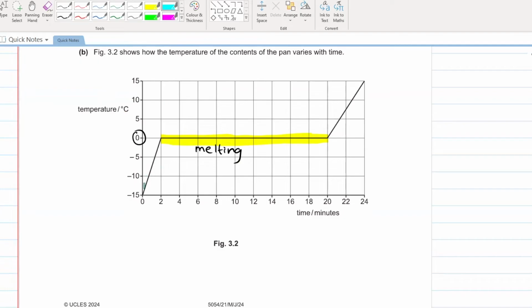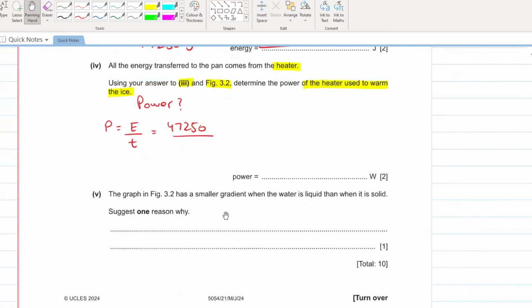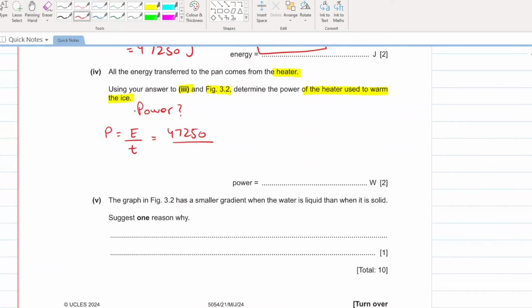If you notice, you are going from negative 15 degree centigrade to 0 degree centigrade. This is your increase in temperature. What is the time taken for this? 2 minutes. Okay, so place 2 minutes here, but make sure you convert 2 minutes into seconds. 2 into 60.